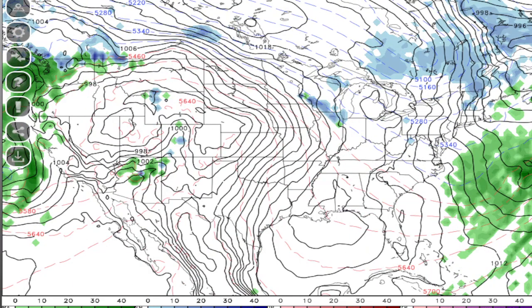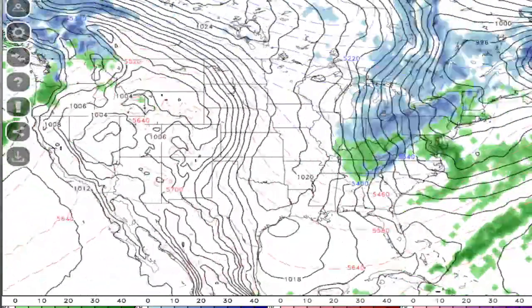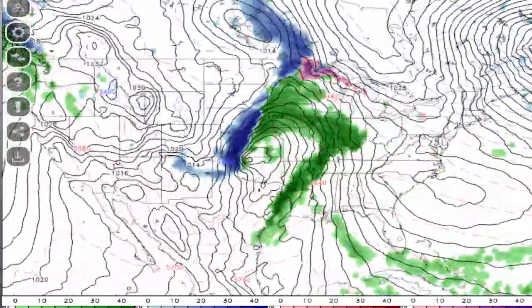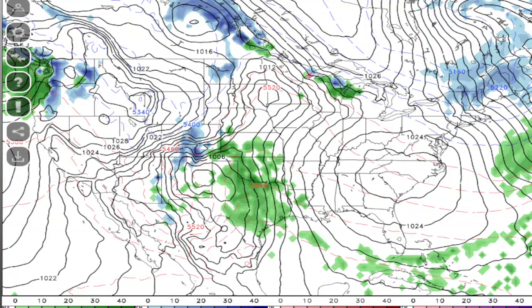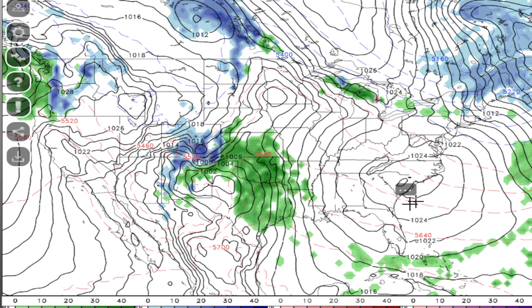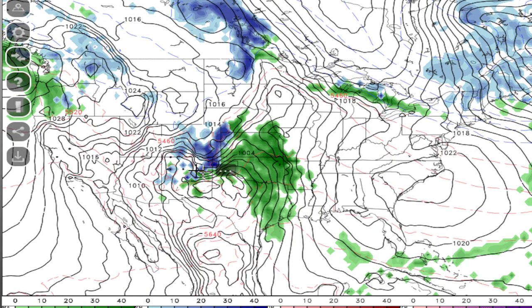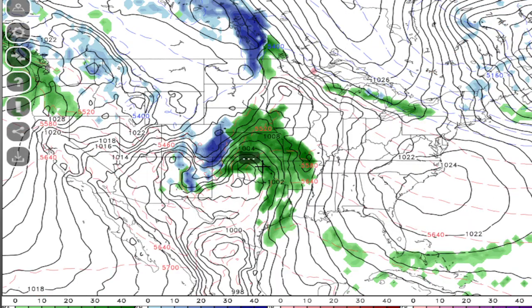So let's go all the way back. Let's start back over. I want to see my dates and times. We're pretty much today, 15Z, that starts at 10 a.m. It's 1 o'clock Eastern right now.